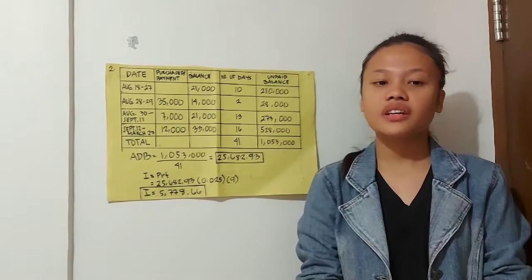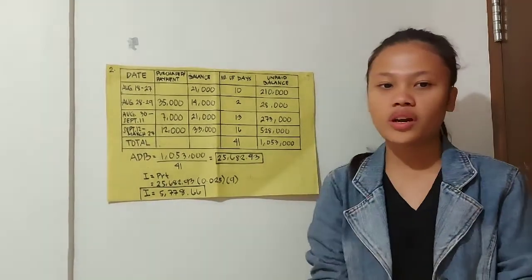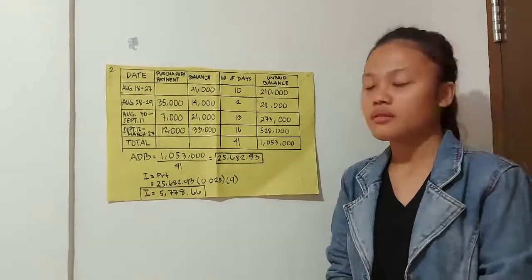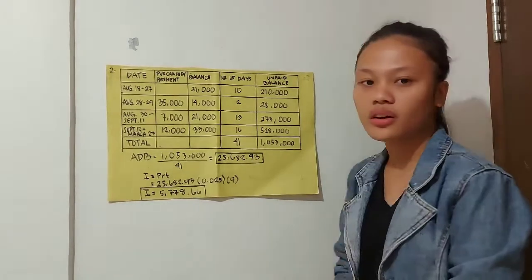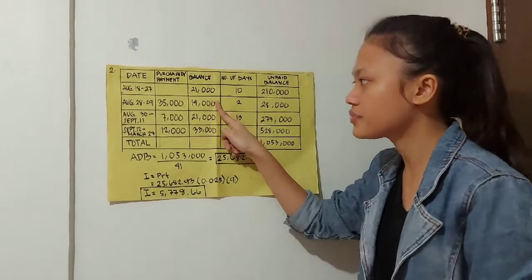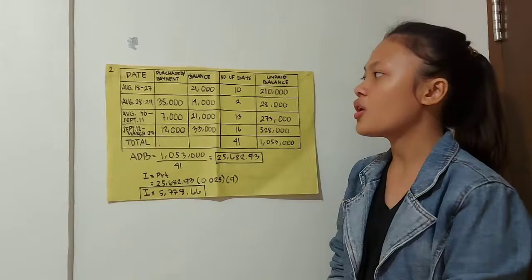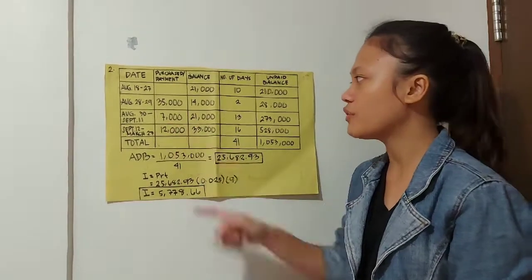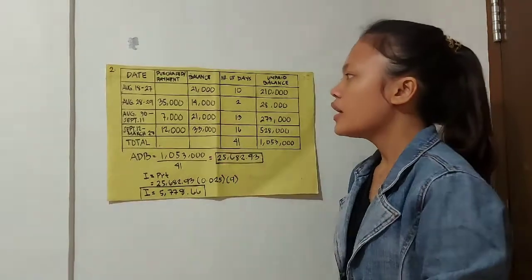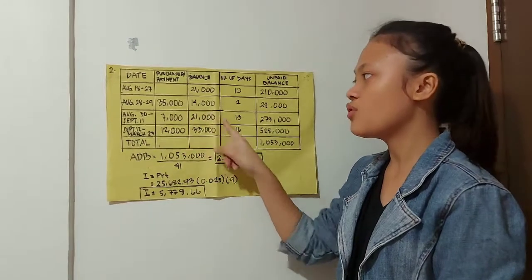In calculating the finance charge, we need to have first a table wherein we are going to put what is indicated in the problem. So, August 18 to 27, the credit card owner already has a payment of 21,000 pesos. On August 28 to 29, he has a balance of 35,000. So, how did we come up with the 14,000? We subtract 21,000 from 35,000, which is equal to 14,000.